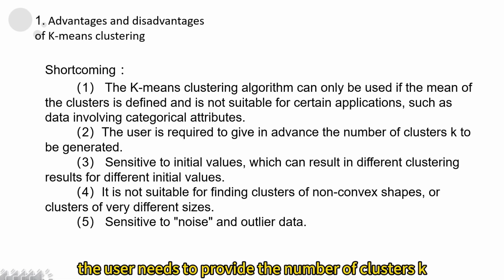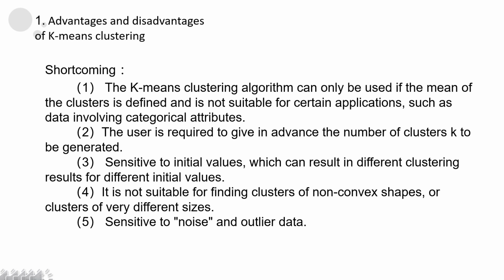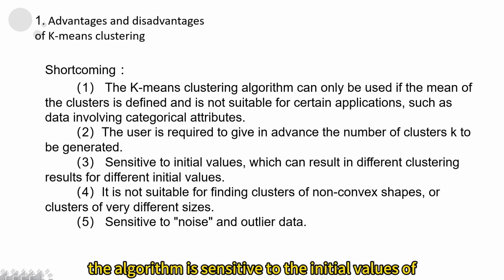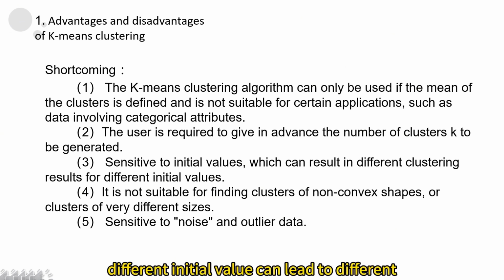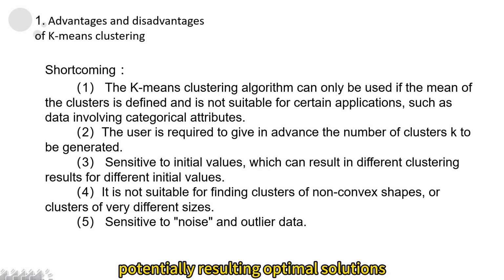The user needs to provide the number of clusters k in advance, which can be challenging, especially when the optimal number of clusters is unknown or subjective. The algorithm is sensitive to the initial values of cluster centers. Different initial values can lead to different clustering results, potentially resulting in suboptimal solutions.